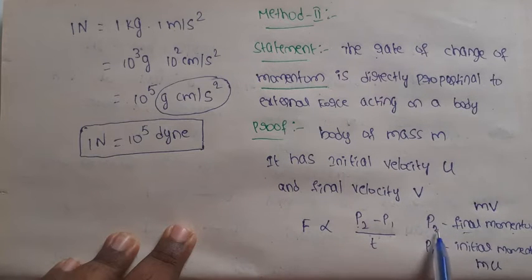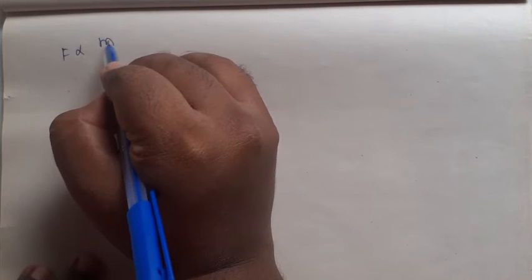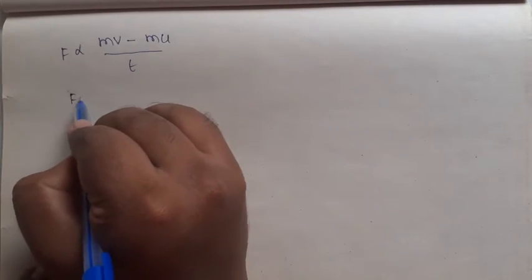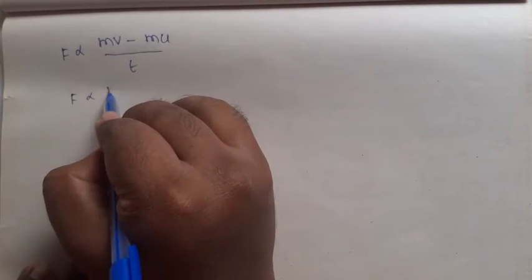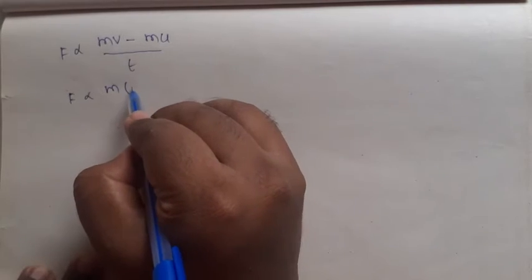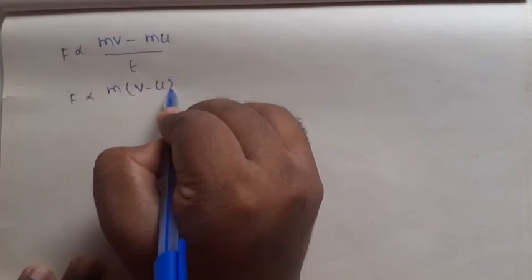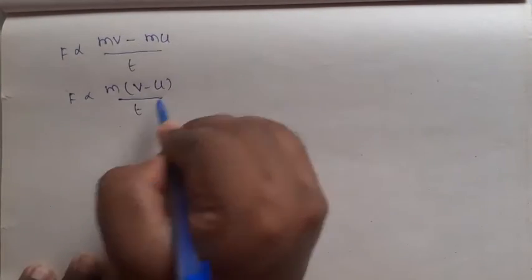So in case of P2 I substitute mv, in case of P1 I substitute mu. F is directly proportional to final momentum mv minus initial momentum mu by t. I am taking common mass m, v minus u by t.